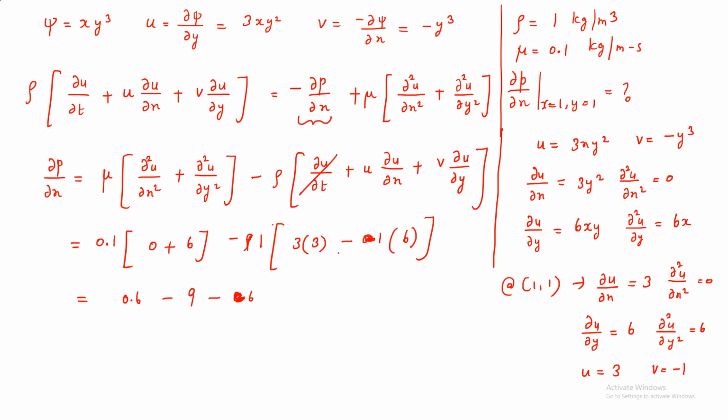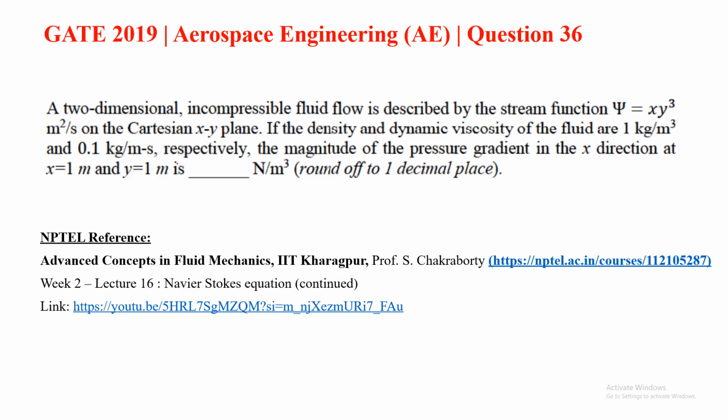So this minus and minus will get plus, so we'll get 0.6 minus 3, which is minus 2.4 Newton per meter cubed. Since we have been asked to get only the magnitude, we will just take 2.4 as our answer.